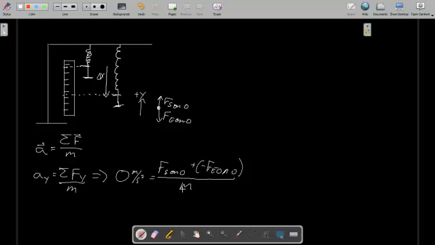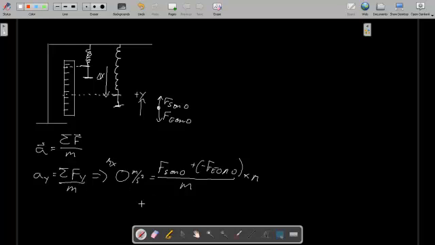If we continue to solve, we want to see what the force of the spring on the object is, so we multiply both sides by m. The m cancels out, because 0 times m is 0, right?